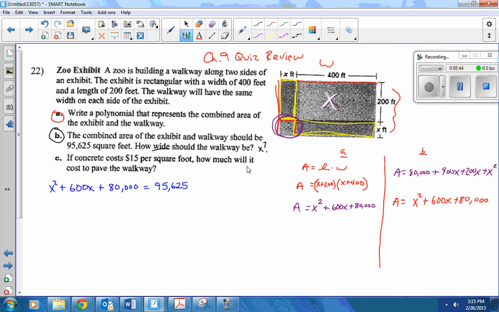In order to do that, I think you see what's coming. We need to zero this out. We need to make this equal to 0 by subtracting 95,625 on both sides of our equation.